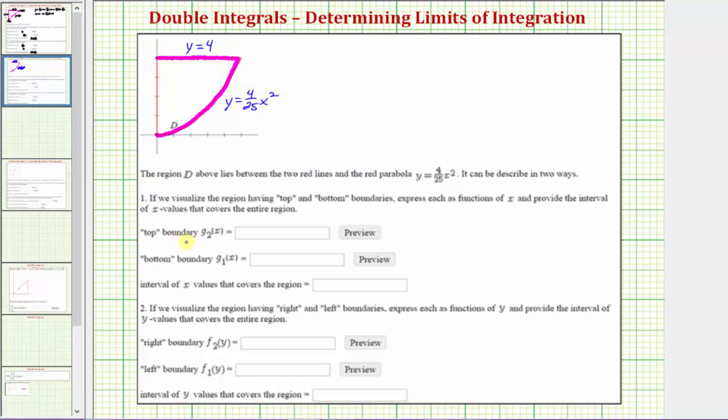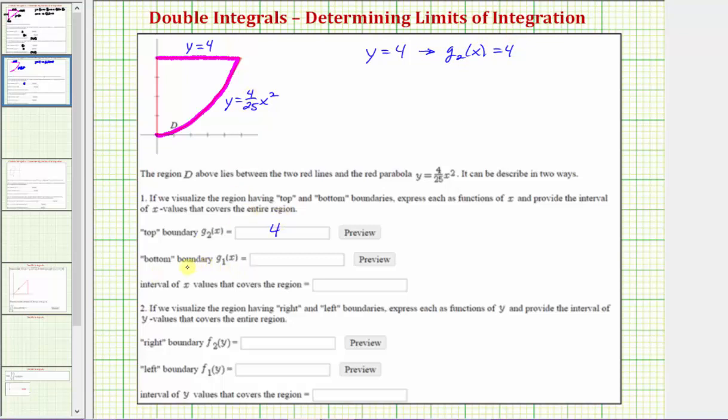So the top boundary, g sub 2 of x, is y equals 4, and because y equals g of x, g sub 2 of x is equal to 4. Again, this is our top boundary.